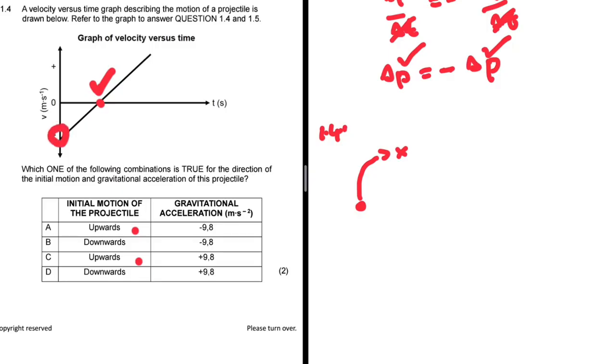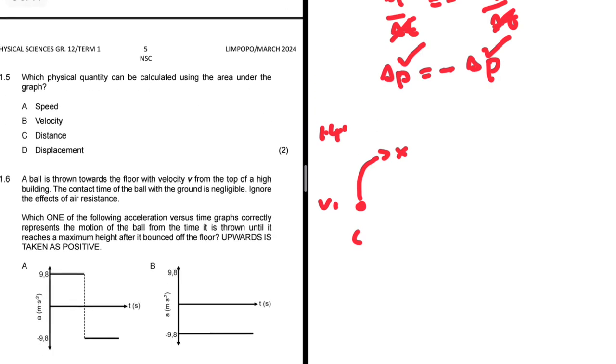What does that tell us? It tells us that down is taken as positive. That's why an initial velocity which is upwards is negative in the graph. So if downwards is taken as positive, then the gravitational acceleration should be plus 9.8. So the answer to 1.4 is C.